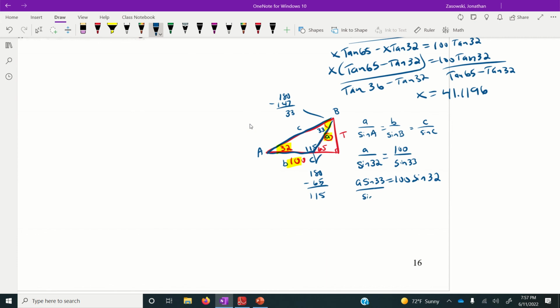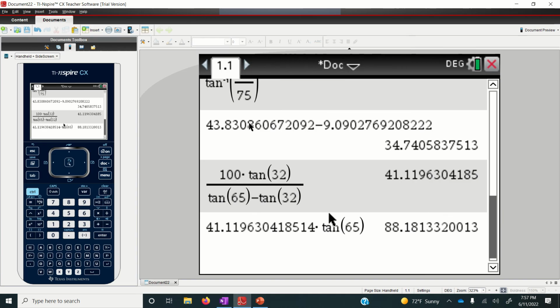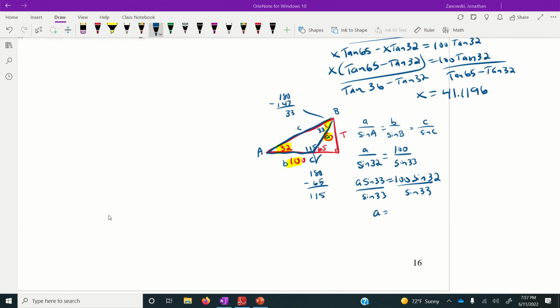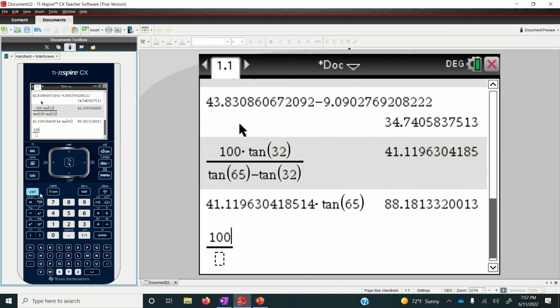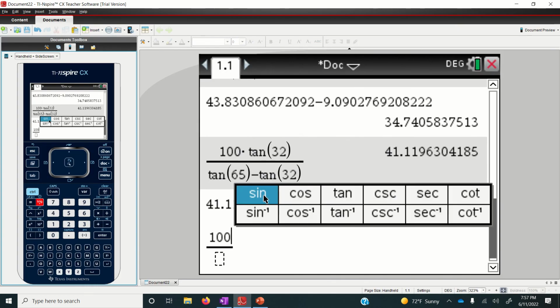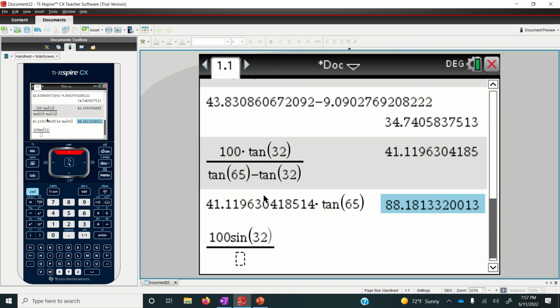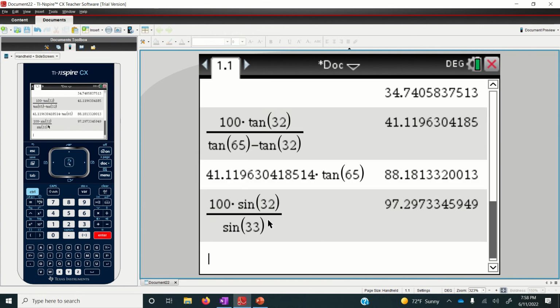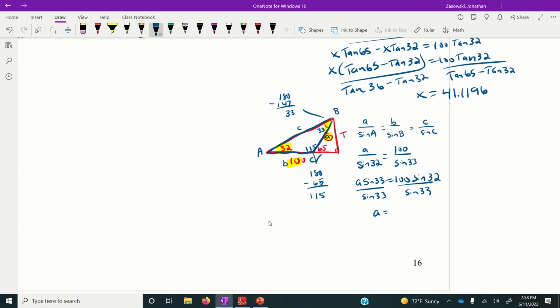I divide out by the sine of 33, and I'm going to get A to equal, and we're going to do control divide for our fraction bar here, 100 times the sine of 32, over the sine of 33 is 97.2973.